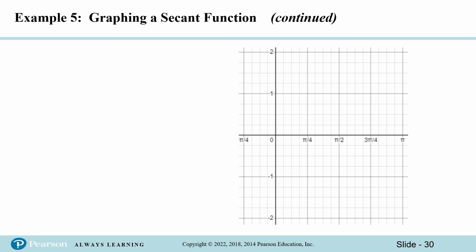At pi over 4, it's going to be 2, this is going to be negative 2, and 3 pi over 4 is going to be 0. So here is my cosine graph.